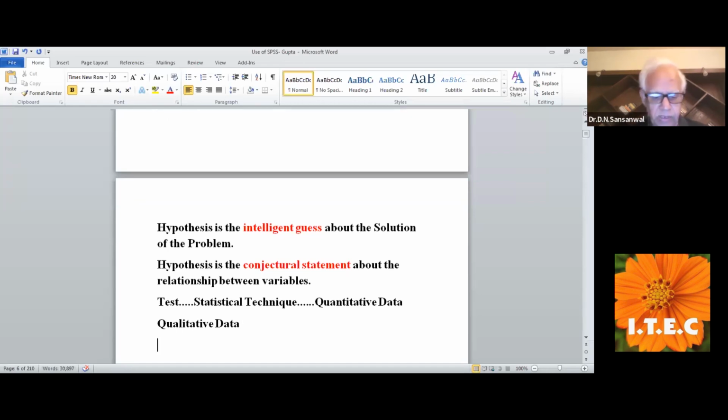So hypothesis cannot be formulated where the data are qualitative.